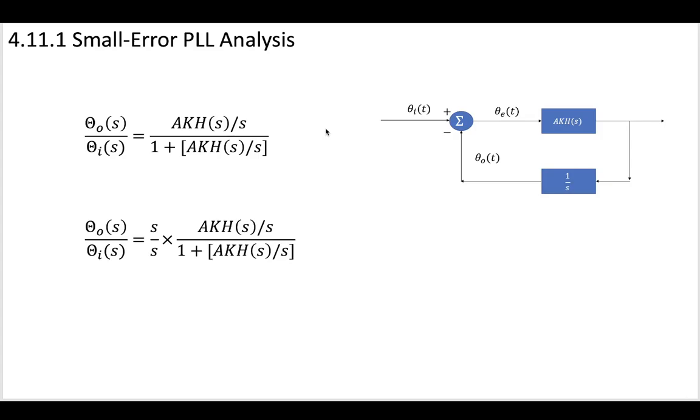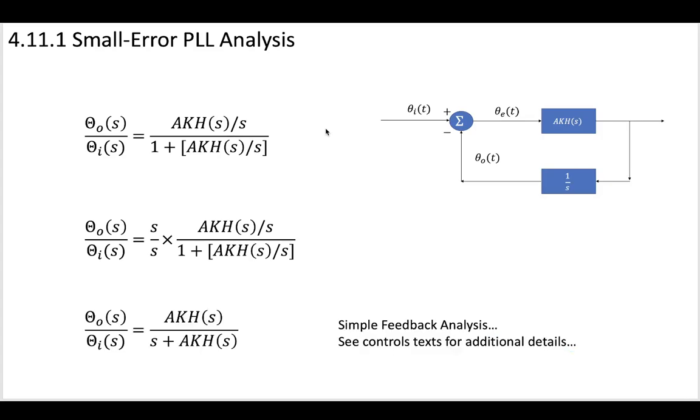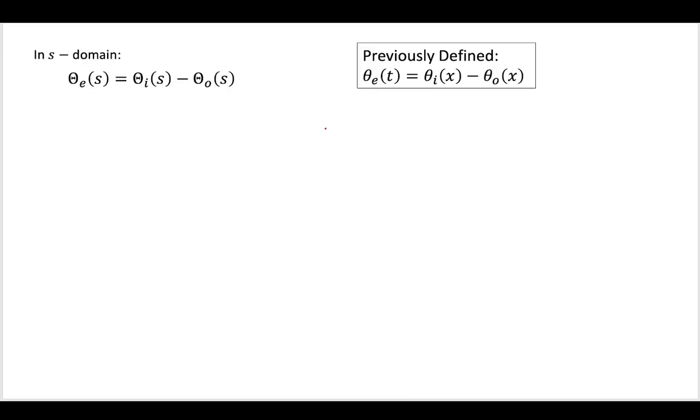Then if you want to transform this into a more commonly seen system, we could multiply by 1 over 1 and then arrive at something that looks like this, where we have the output over input in the S domain. So this is basically a simple feedback analysis, and you can find the methods in various control systems textbooks.